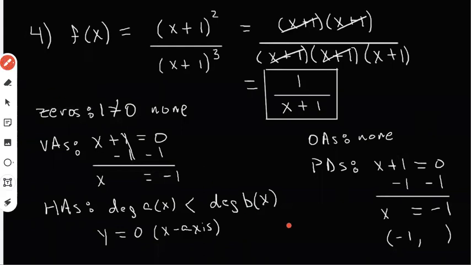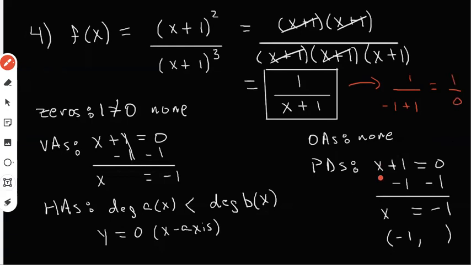Well, to get my y coordinate, I would have to plug that into my original function. 1 over x plus 1. So let's let x be negative 1 and see what happens. I get 1 over negative 1 plus 1. Negative 1 plus 1 is 0. Whoops, I am dividing by 0.